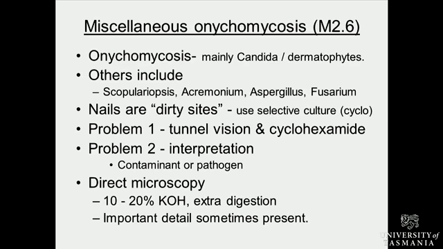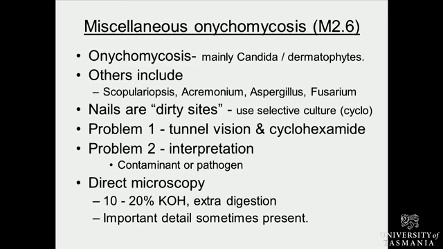The other problem is, if you do grow some of these, they can cause disease, but they're also very common contaminants. How do you know whether an Aspergillus on your plate is really causing nail disease, or was there from the air, or there from their socks? You don't know. So the way to make sure you only see things that are really there is you want to see them in more than one specimen.